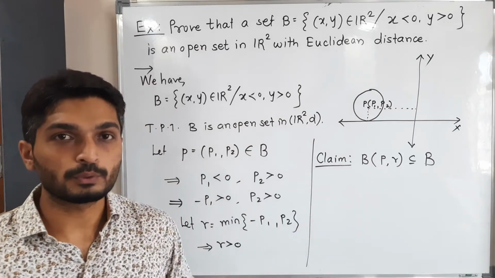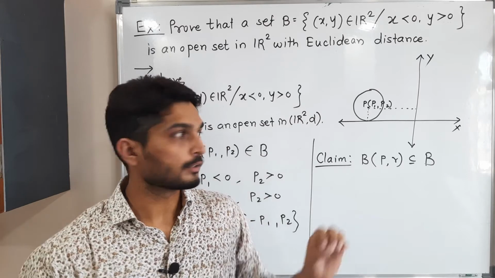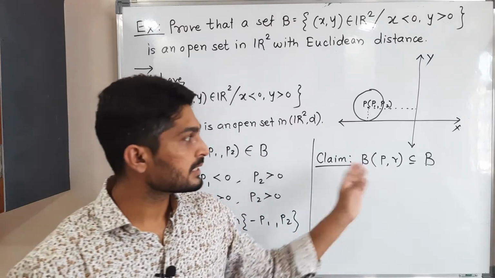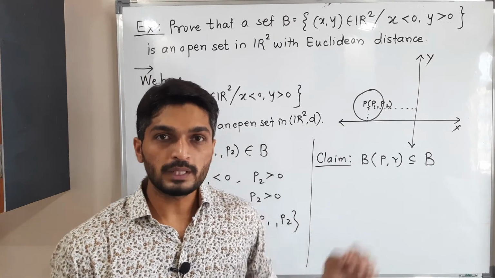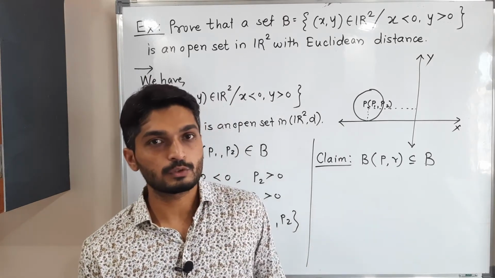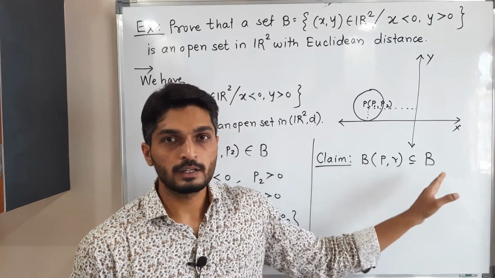This thing we have to prove. Geometrically we can easily understand, but logically or mathematically we have to prove it. How to prove that one set is a subset of another? We take one point from the first set and prove it is an element of the second set. If this is true for all points, we can declare the first set is a subset of the other.